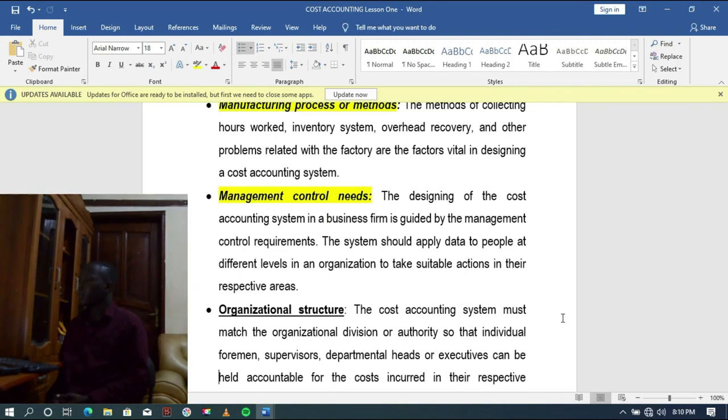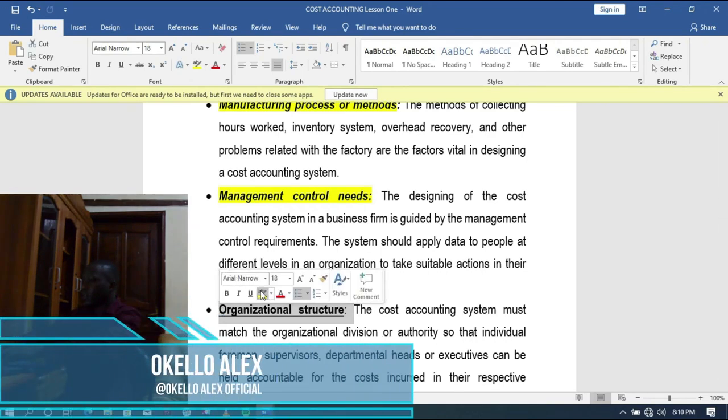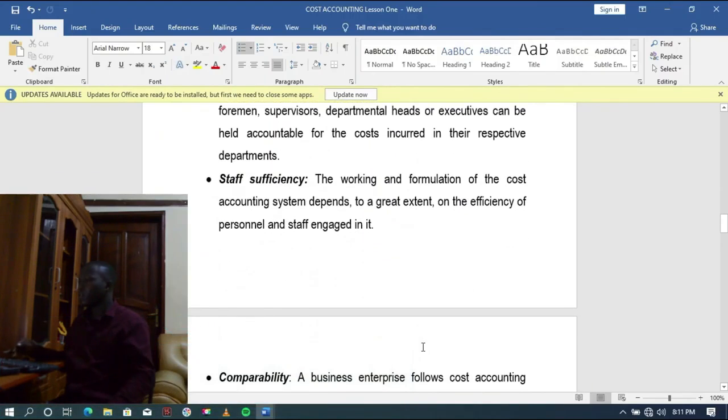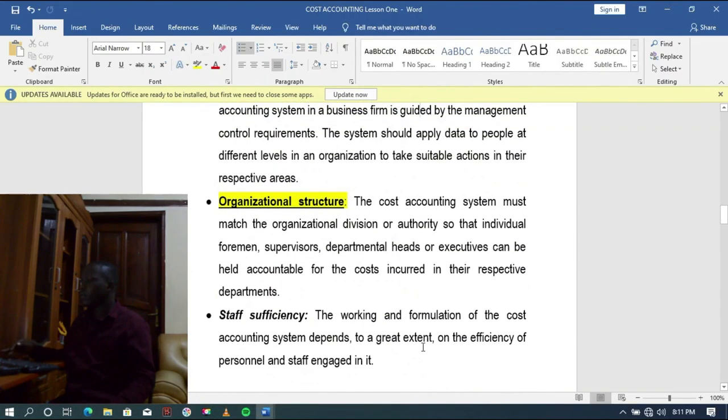The system should apply data to people at different levels in an organization and take suitable actions in their respective areas. Then the type of organizational structure may also determine which cost accounting system you should develop.